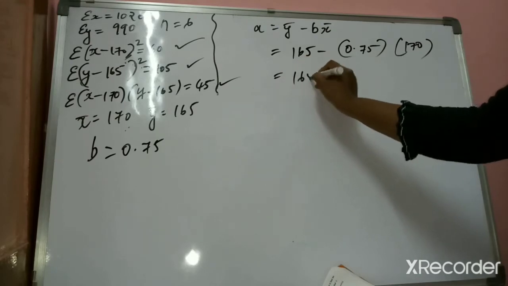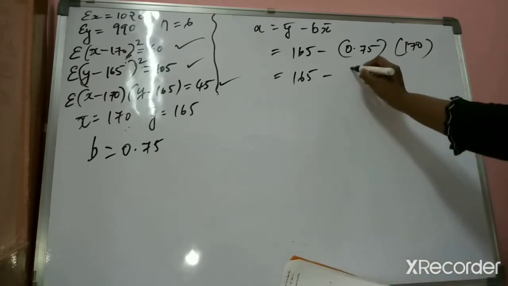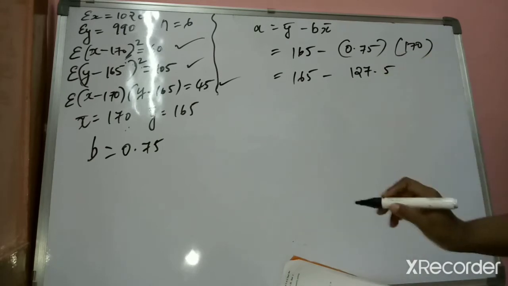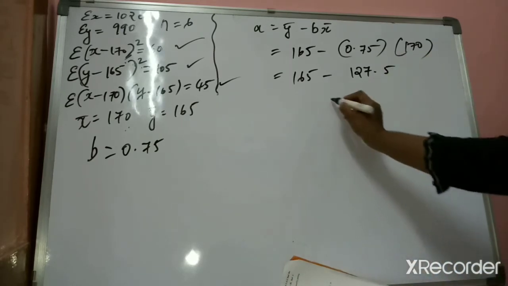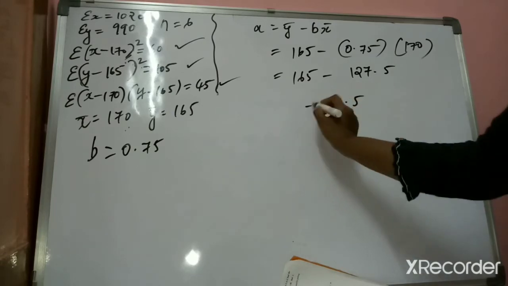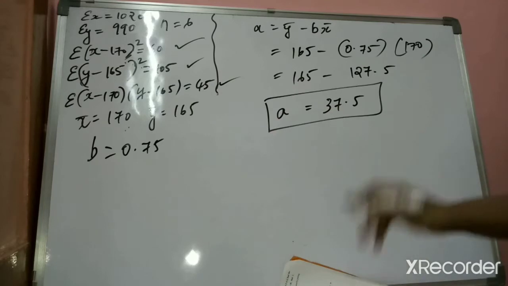So 0.75 multiplied by 170 would be 127.5, right? So 127.5, just write it down like this, and 165 minus that, your answer is 37.5. That is your a, that is given as a positive number.